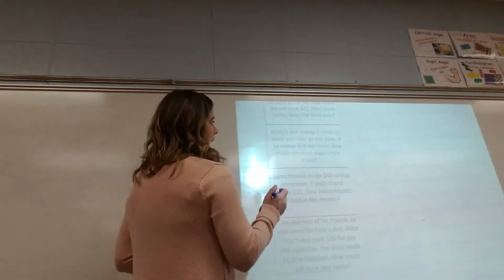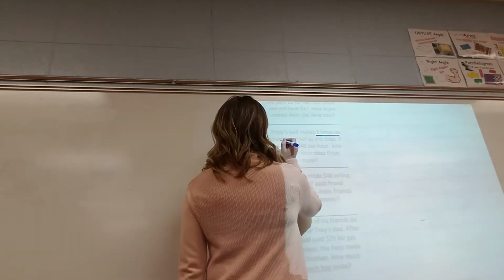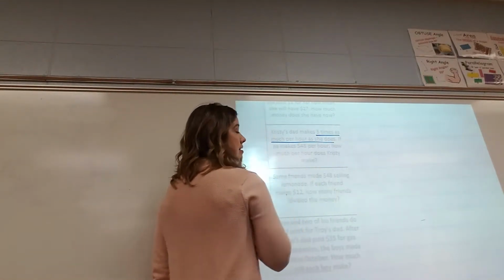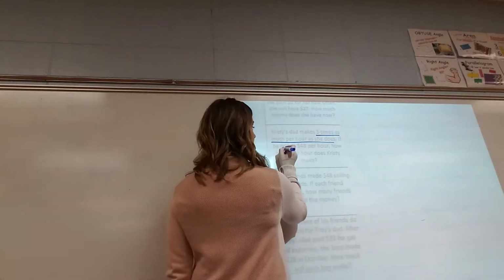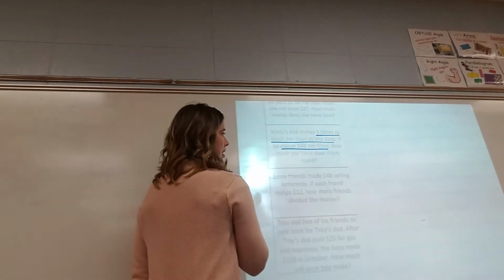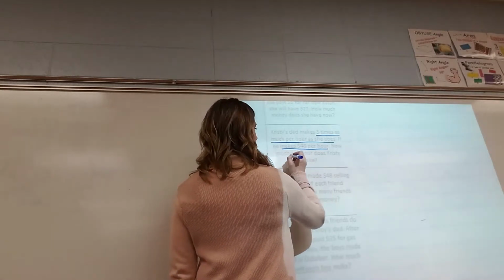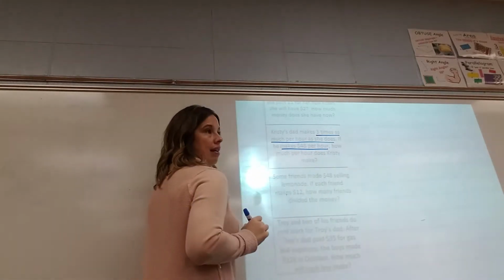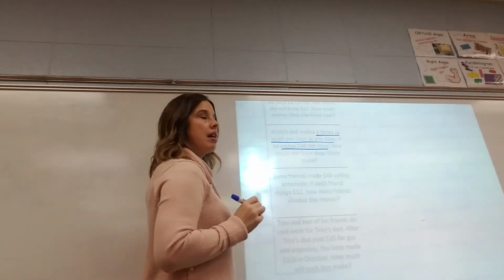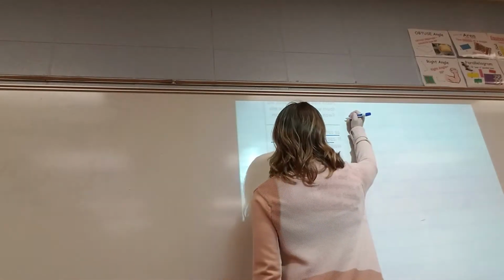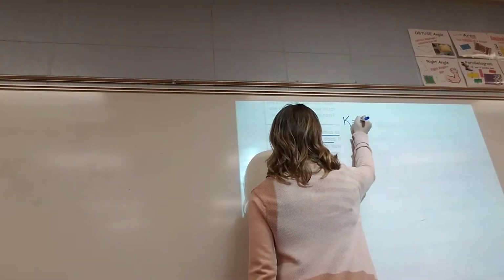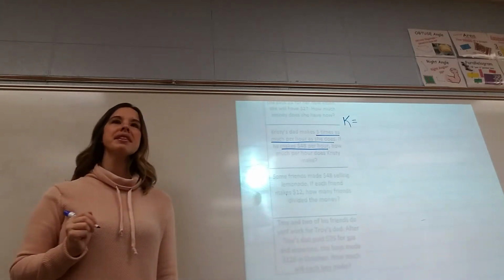Okay, so Christy's dad makes 3 times as much per hour as she does. If he makes $48 per hour, how much per hour does Christy make? I'm going to use K for a variable again. What does it stand for?